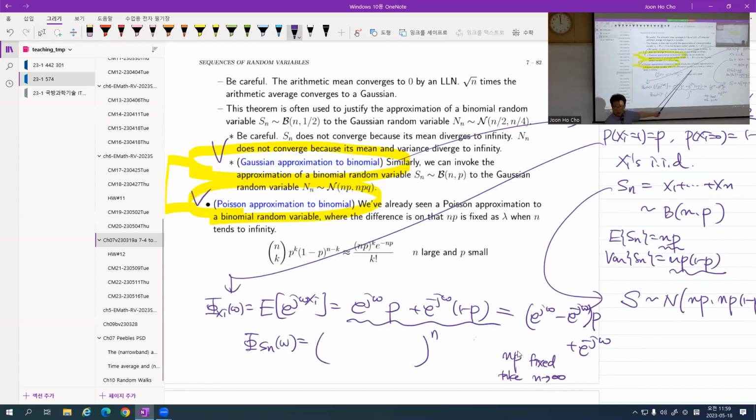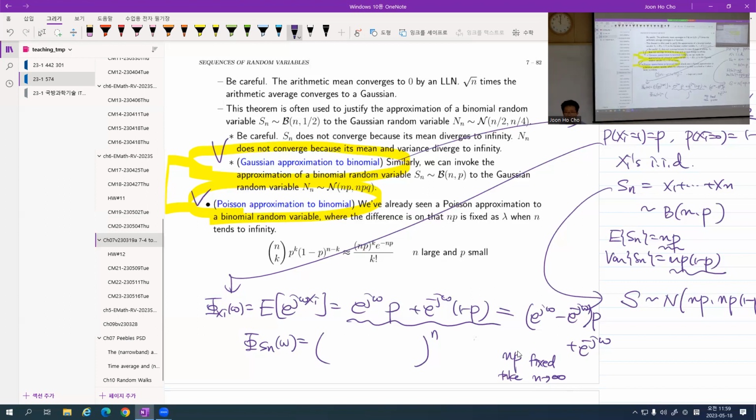What does that mean? Mostly 0 appears, right? And in some cases, you have a few ones among x1, x2, x3. In order to have that, you keep np fixed and let n tend to infinity. Then you can show that this characteristic function converges to the characteristic function of a Poisson random variable.